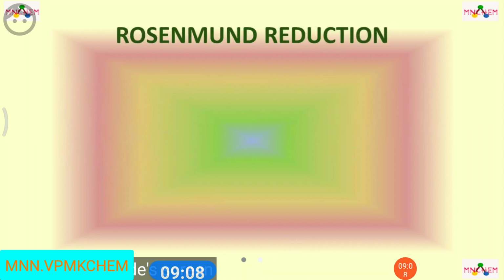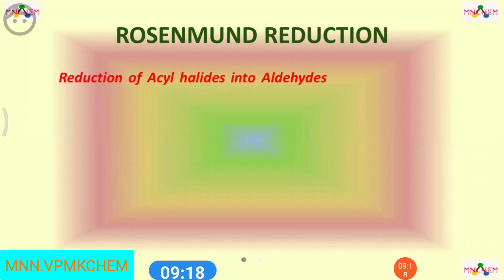Now, the Rosenmund reduction is the first reaction we are going to discuss here. Reduction of acyl halides into aldehydes using palladium supported on barium sulfate is known as Rosenmund reduction.